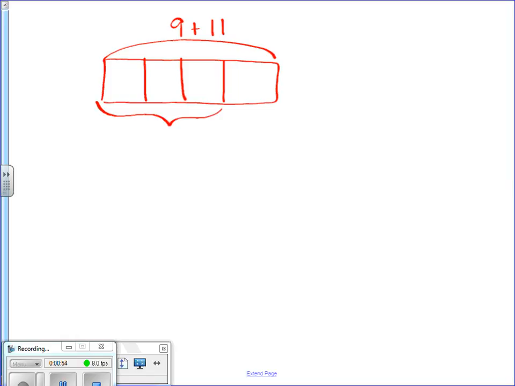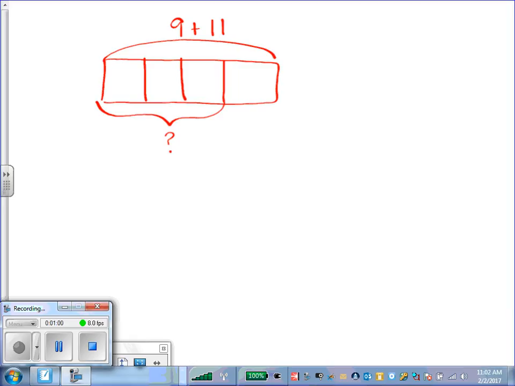What they want you to do is take this tape diagram and come up with the number sentence, the written expression, not solving it, but the number sentence that would go with it.